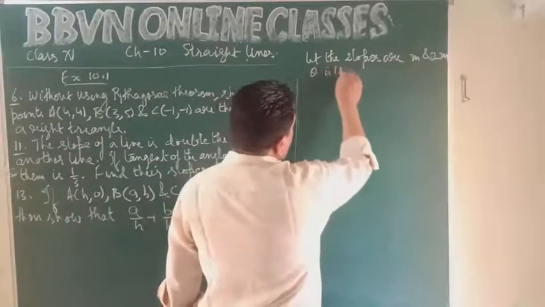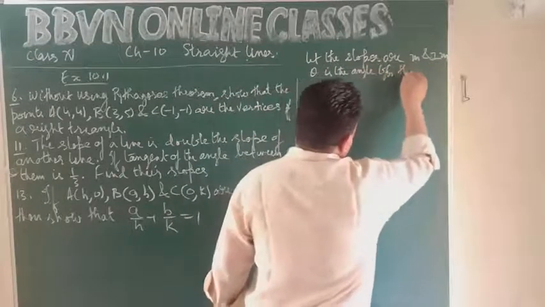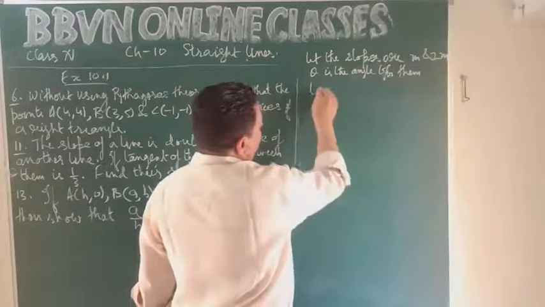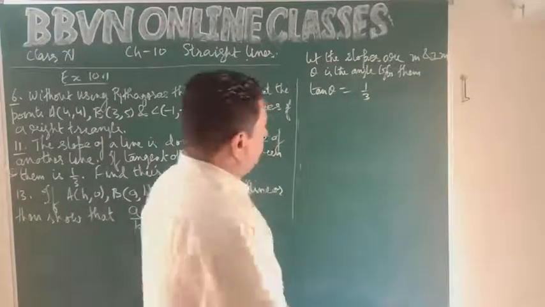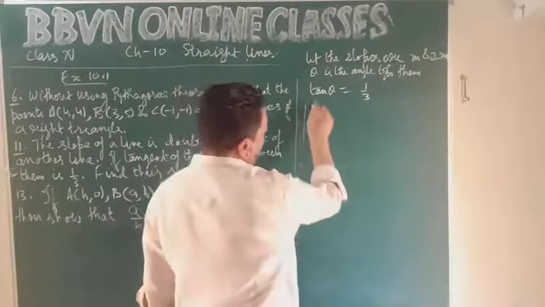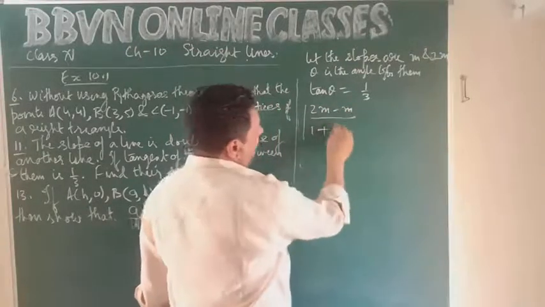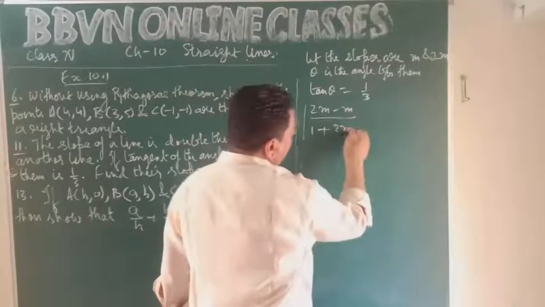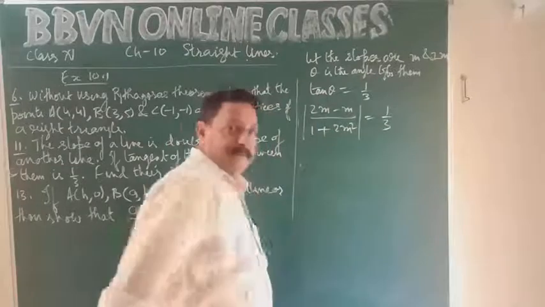Theta is the angle between them. Question says tan theta equal to 1 upon 3. So we know that mod of (m2 minus m1) upon (1 plus m1 m2), that is 2m minus m upon 1 plus 2m into m, 2m square, is equal to tan theta, that is 1 upon 3.